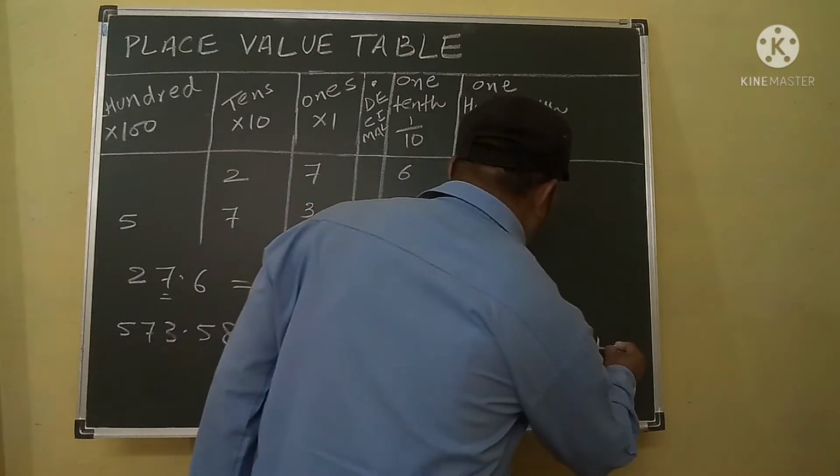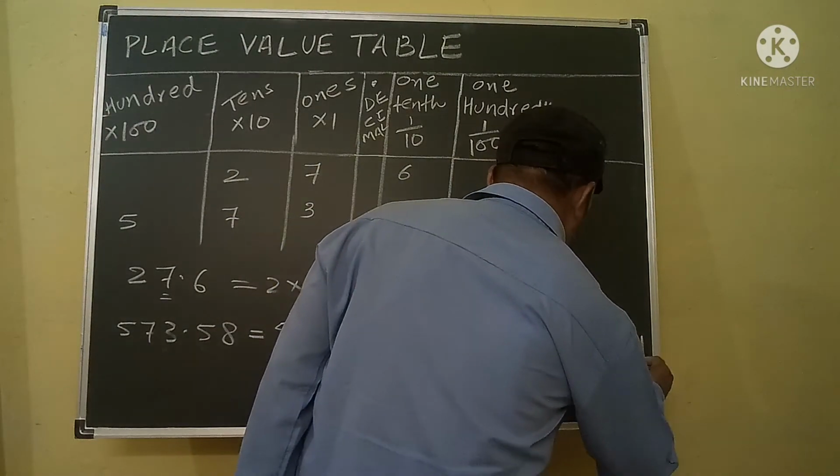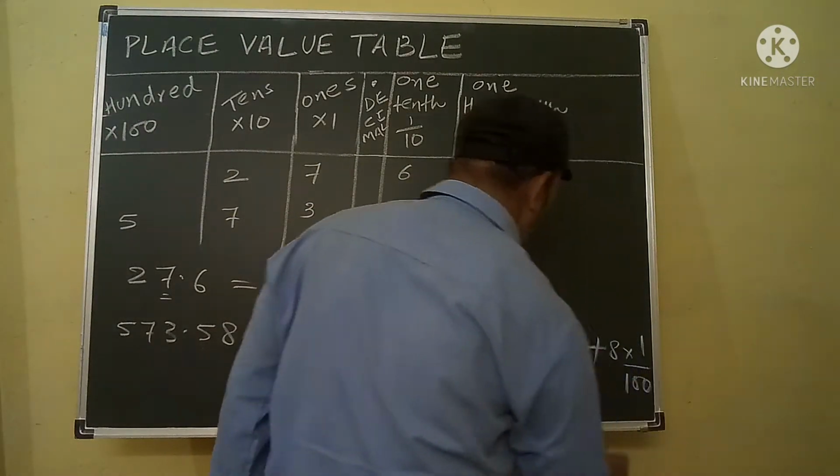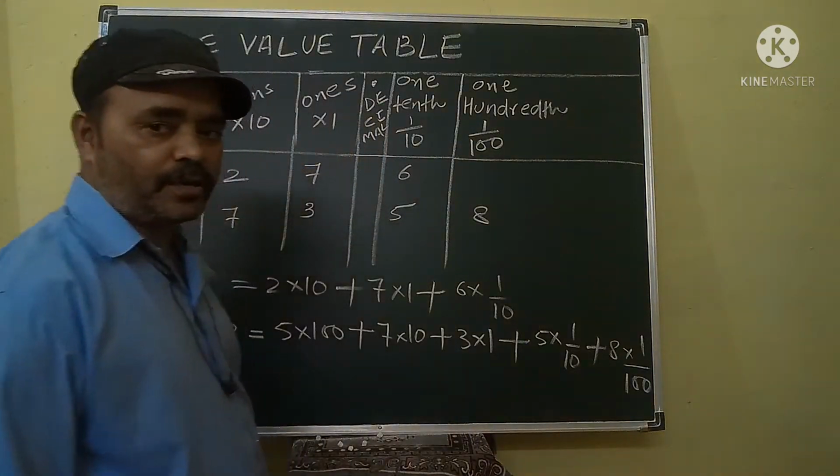So what will you write? 8 into 1 upon 100.